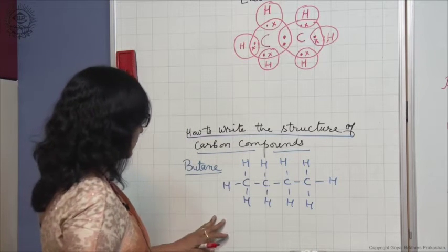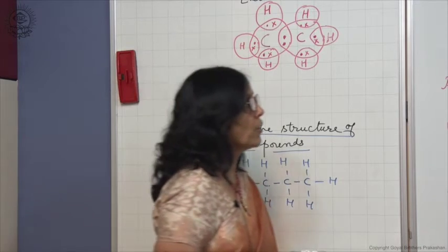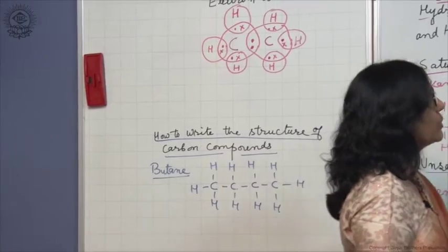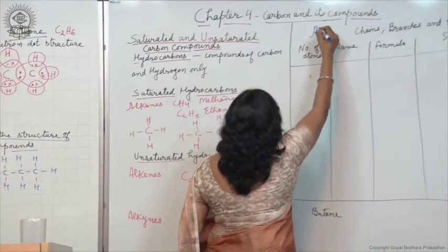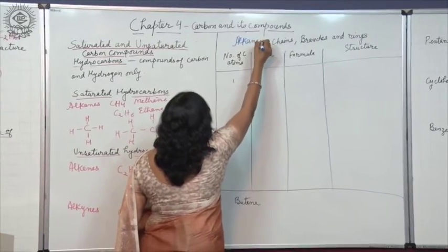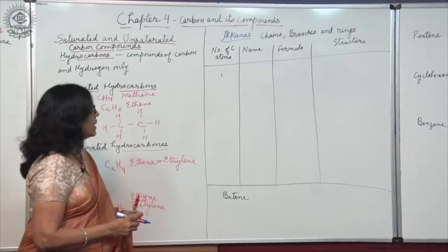So, like this we can write the structural formula of hydrocarbons. Now, let us study some of the members of saturated hydrocarbons, that is alkanes, in which there is a single covalent bond between the carbon atoms.